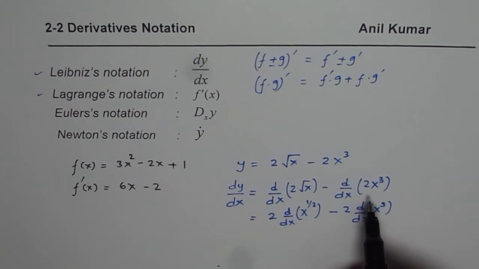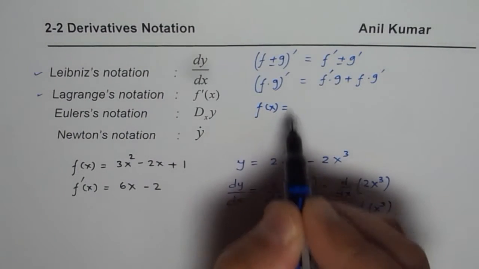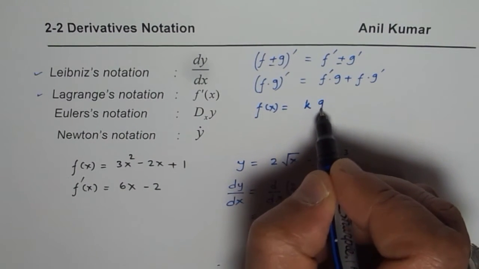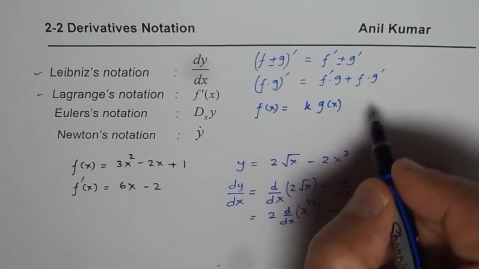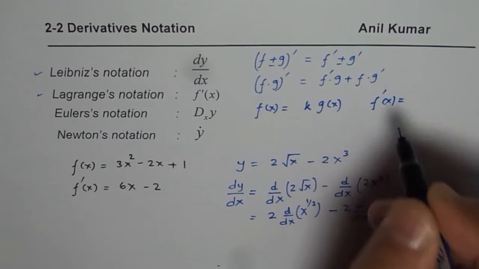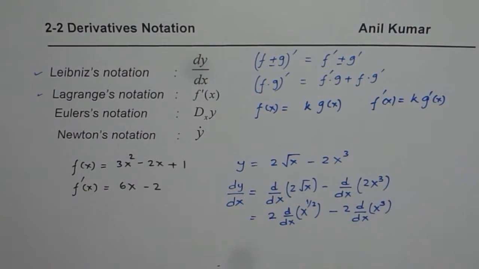So the rule with constant, as you know, is if f of x equals, let's say, k times g of x, then you could write f dash x as equals to k times g dash x, right? So that is the rule which I'm applying here, correct?